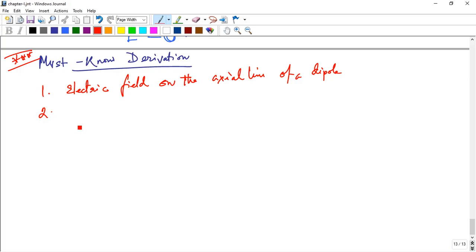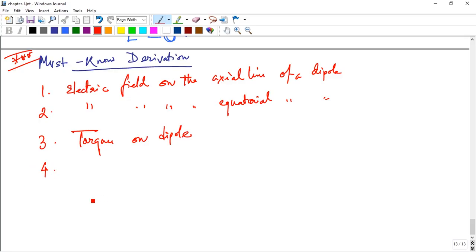Second, the electric field on the equatorial line of a dipole. Third, torque on a dipole in a uniform electric field.